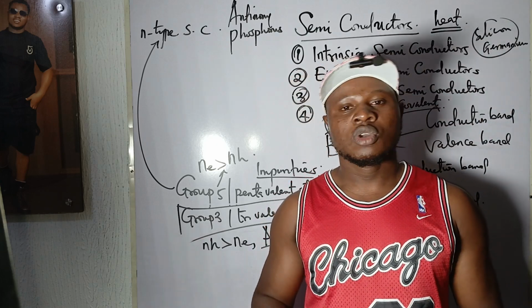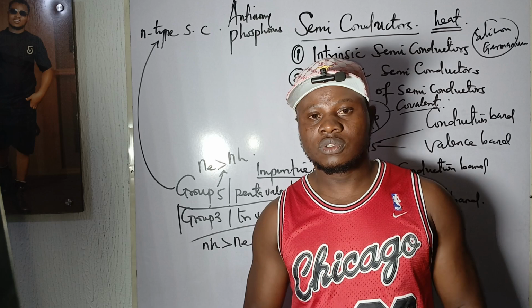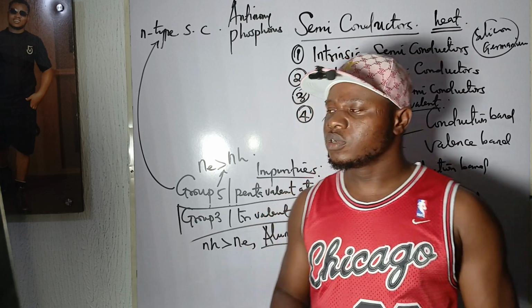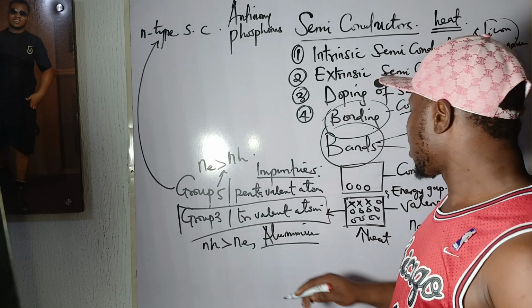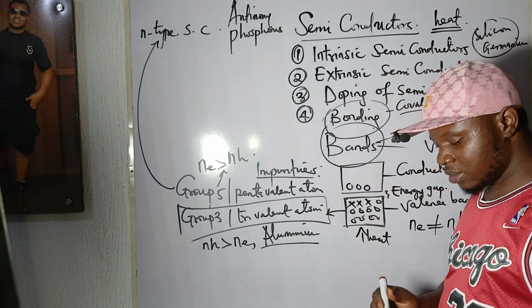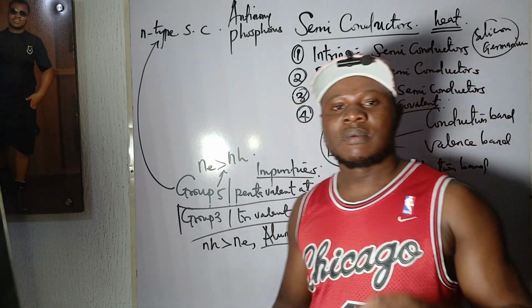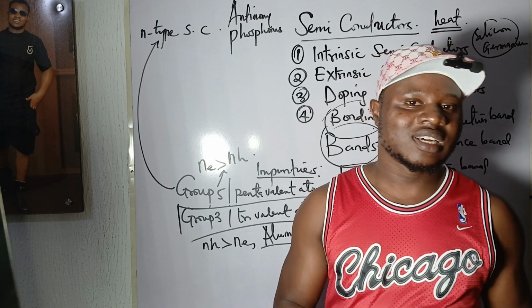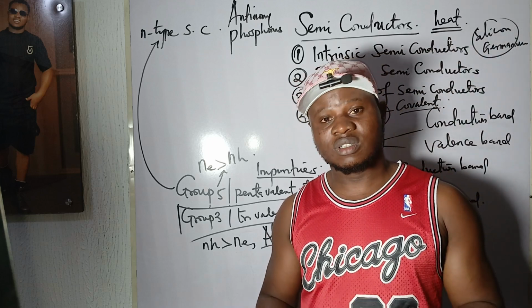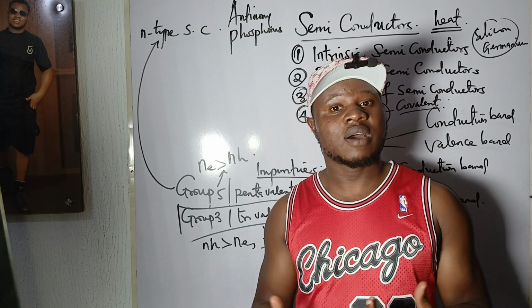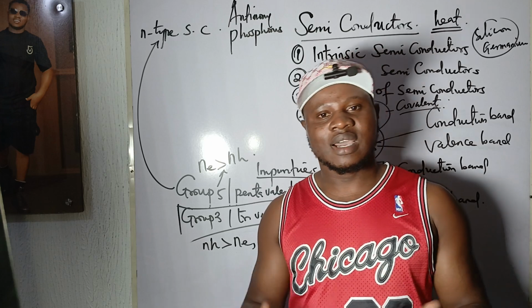The bond is covalent bonding. In the next video, I am going to treat what happens in band theory, what happens inside this place, how these electrons are migrating, and how we consider spaces or holes as positive and electrons as negative, and how both of them are the charge carriers.